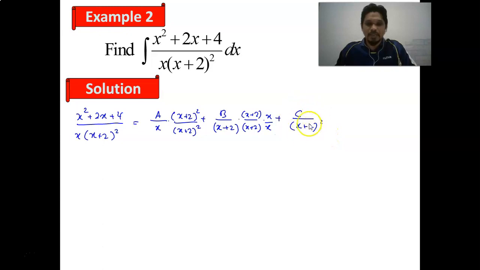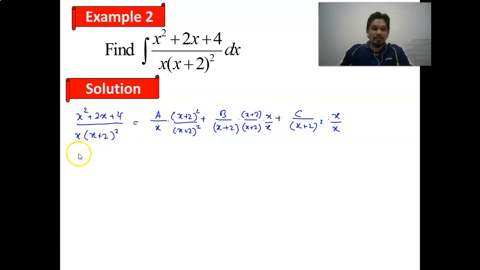For this one, it already has (x + 2) in bracket square, we just need another x.